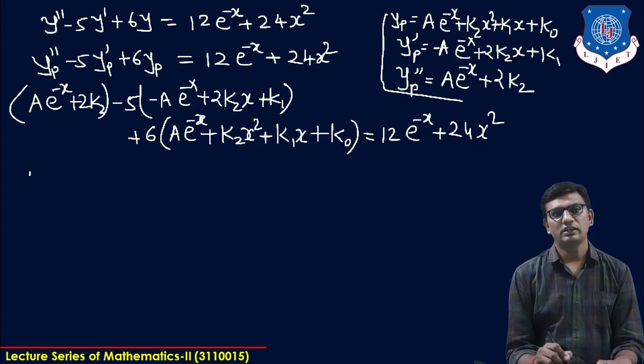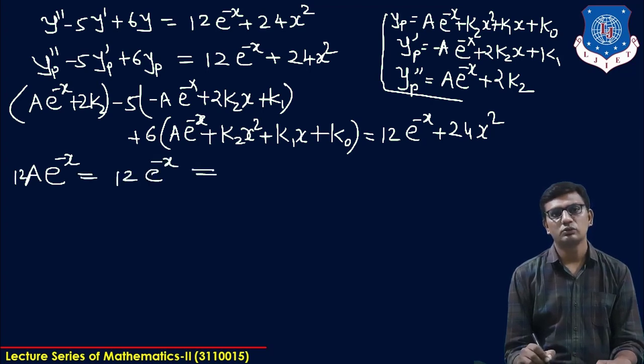Now we compare the coefficient of e raised to minus x, that is 12a e raised to minus x equal to 12 e raised to minus x. So the value of a is 1 after cancelling e raised to minus x from both sides.